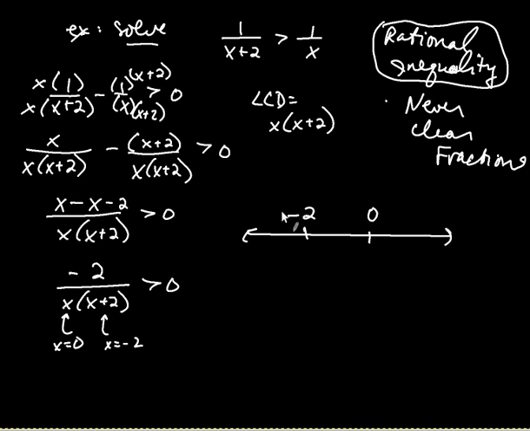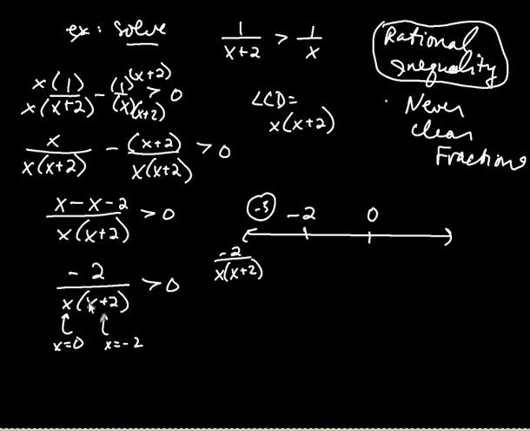And just like before, we're going to pick test points. So pick a number in this interval, like -3. Now plug -3 in for x and see what you get on the left-hand side. So we're asking ourselves, what happens to -2 over x times x plus 2 when you plug in these test points?